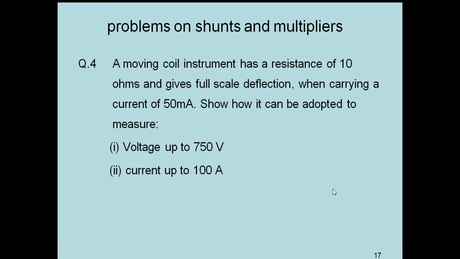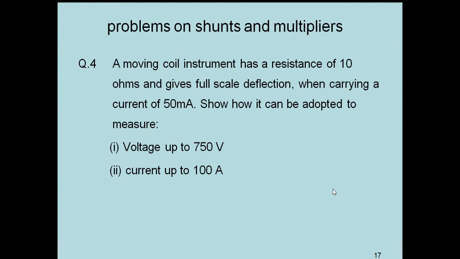So it will be 50 into 10 power minus 2, so it will be 0.5 volts. And they are extending the range up to 750 volts. So to increase up to 750 volts, we have to connect a multiplier, that is a series resistance. The value will definitely be more than 10 ohms.